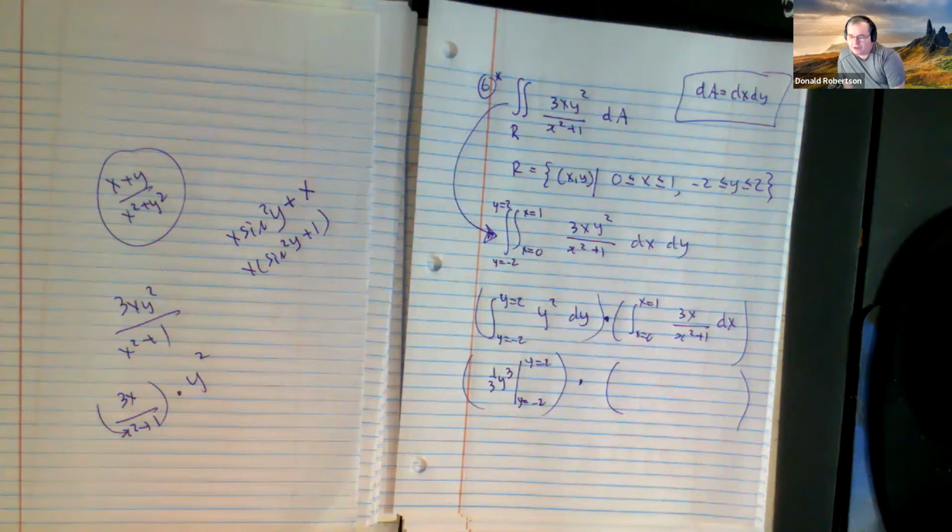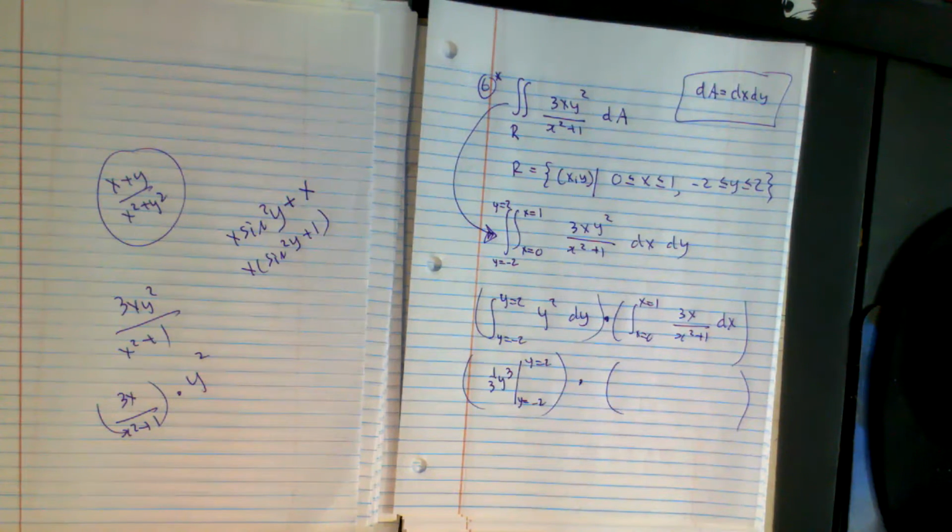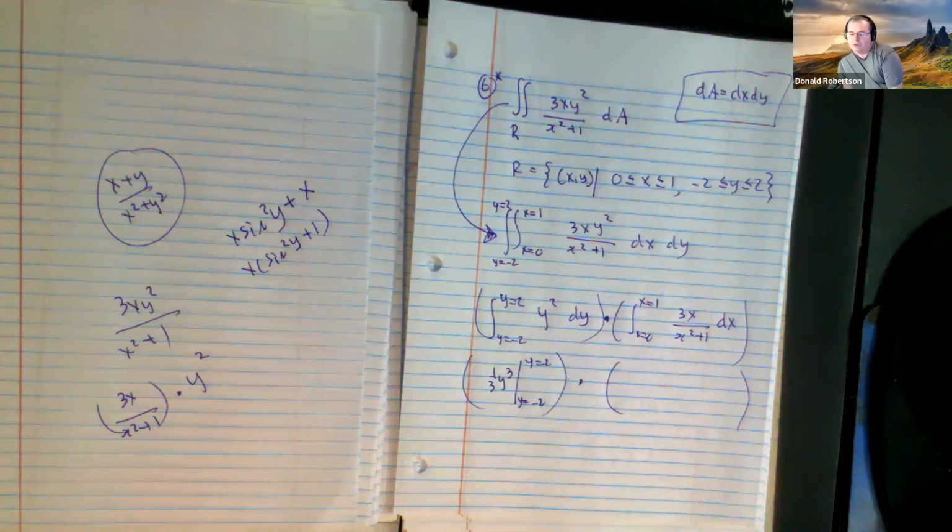Calc 2's been a while, hasn't it? How do you integrate 3x over x squared plus 1? It's a trigonometric function. Oh God, I hope not. I wouldn't do it that way. Could you? Yes, but don't do it that way. That would take you forever and a day. There's an easier way.